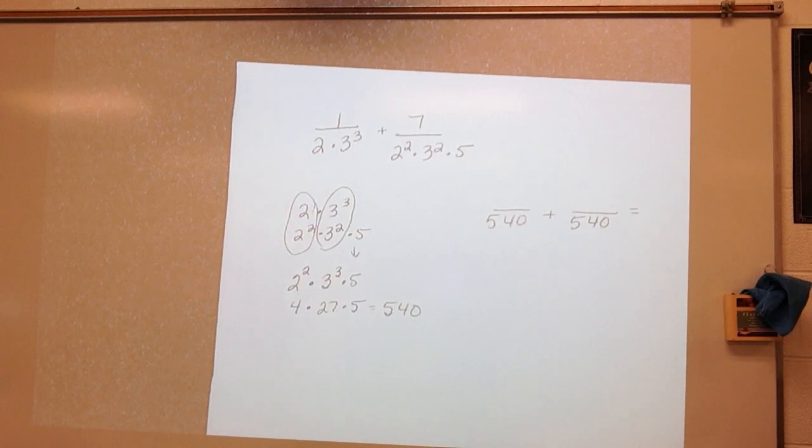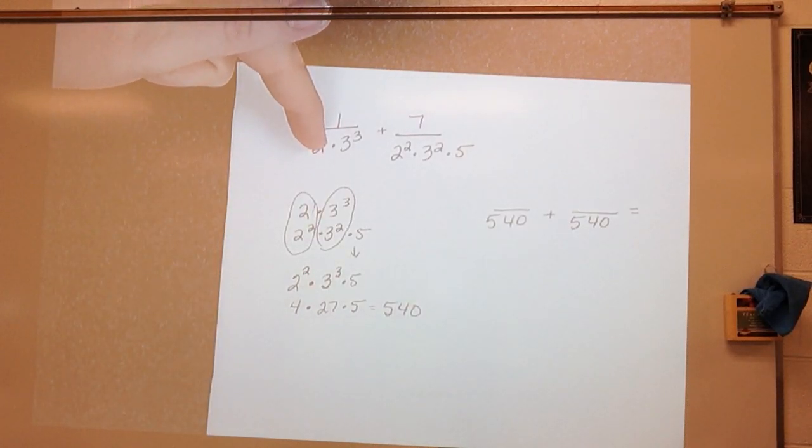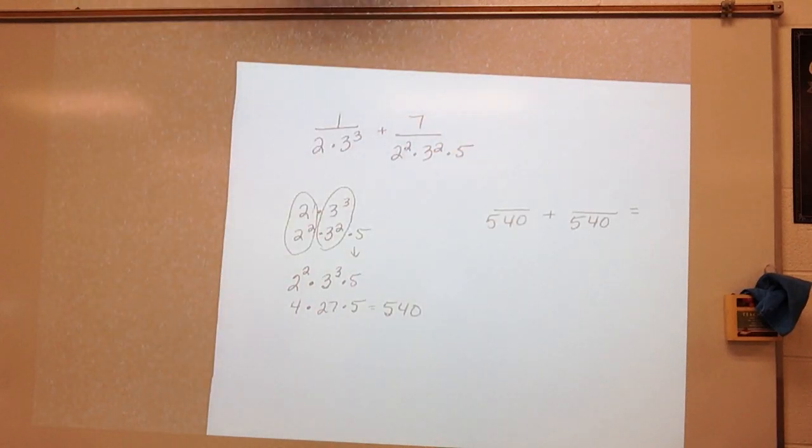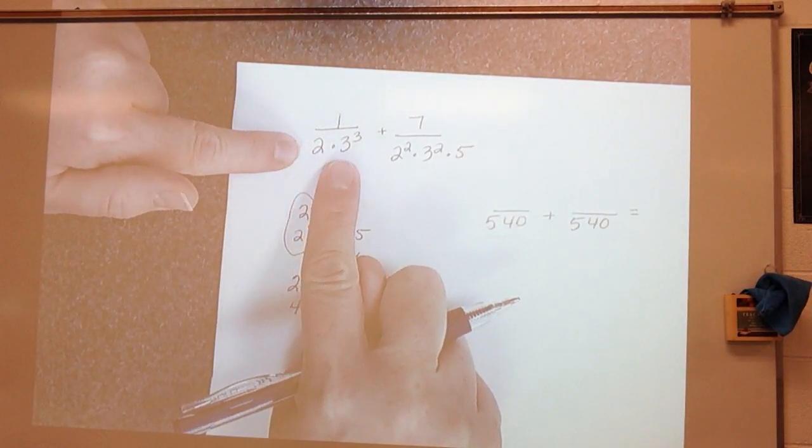Alright, looking at this, I have to figure this out. This is 27 times 2. This, we said, was 4 times 9 is 36 times 5. Not quite as simple. So let's look and see what we have to do. Well, I've got 2 squared. This originally was 2 times 3 cubed.